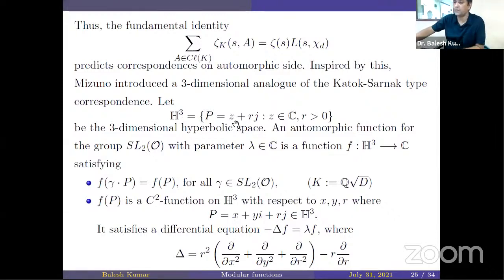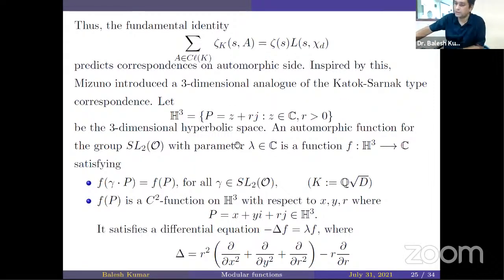H3 is the three-dimensional hyperbolic space, which consists of the points z plus rj. Here z is a complex number and r is a positive real number. This H3 sits inside the real quaternions, and if one writes in terms of i, j, k, they satisfy the cyclic relation, and i squared is equal to j squared is equal to k squared, which is equal to -1.